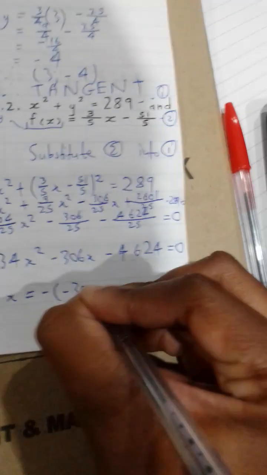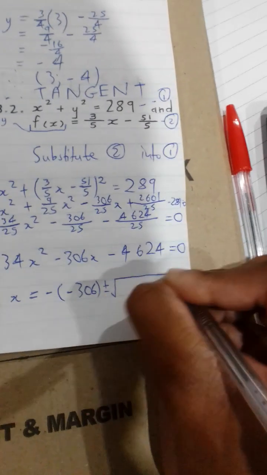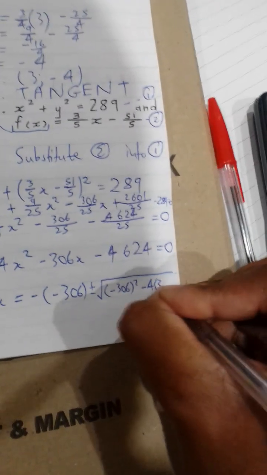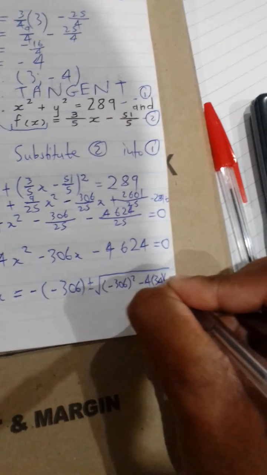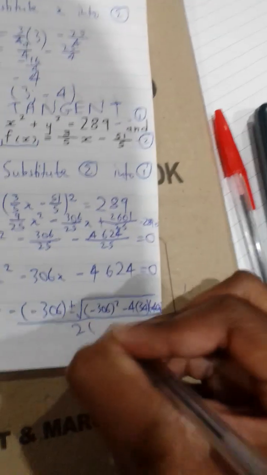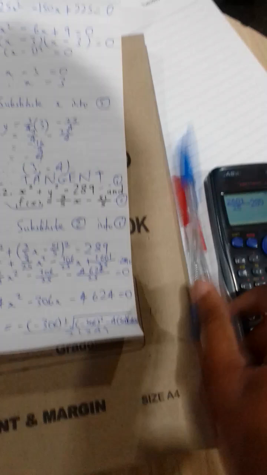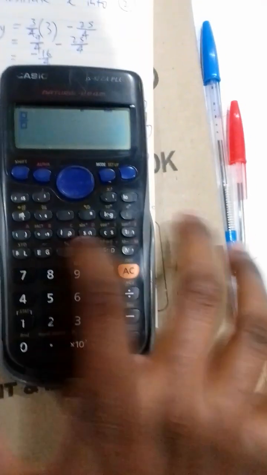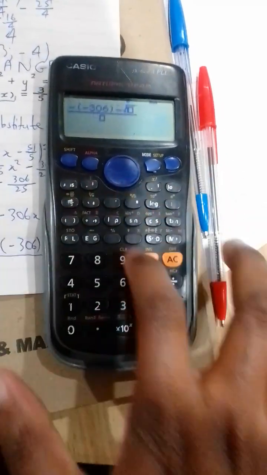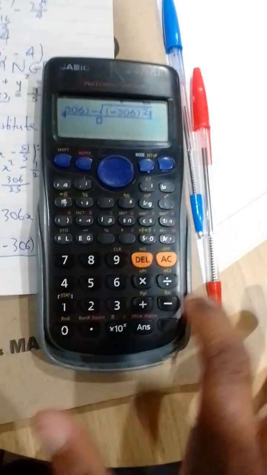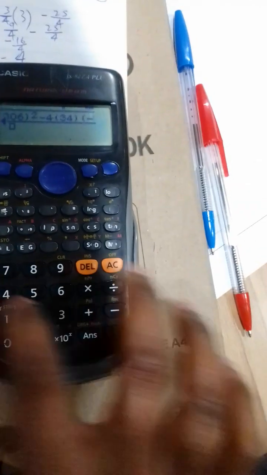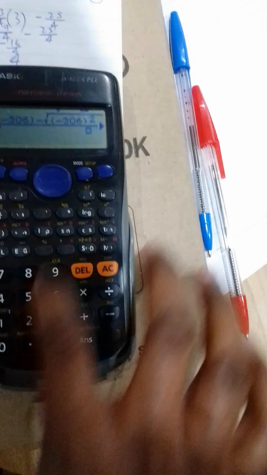Negative 306, plus or minus the square root of b squared, negative 306 squared, minus 4ac, a is 34, c is negative 4624, all over 2a, 2 times 34.